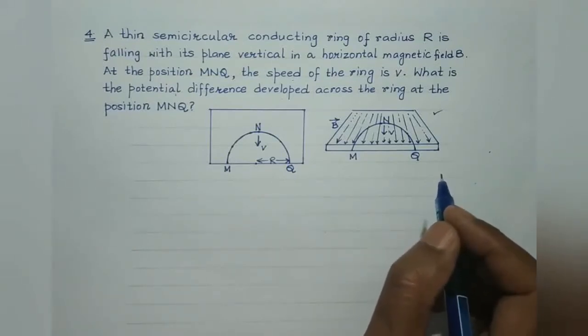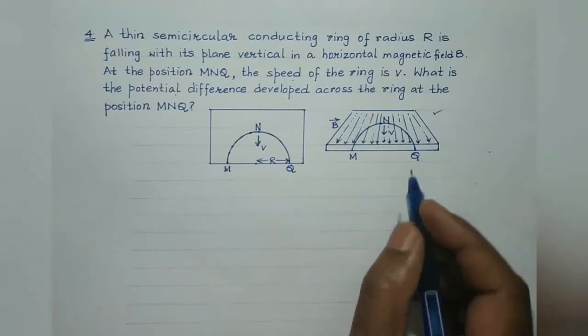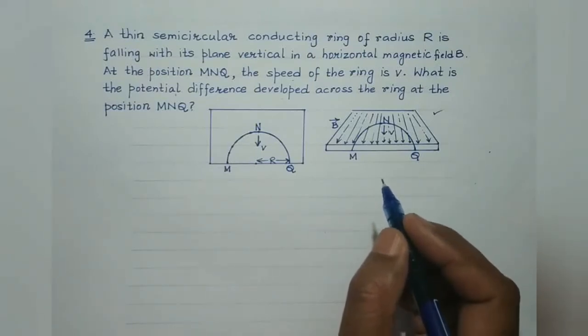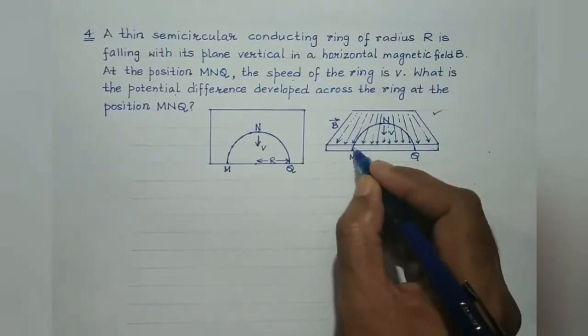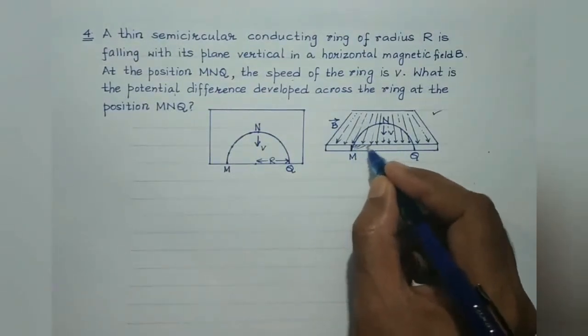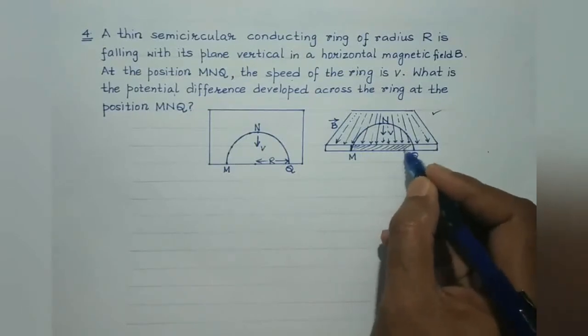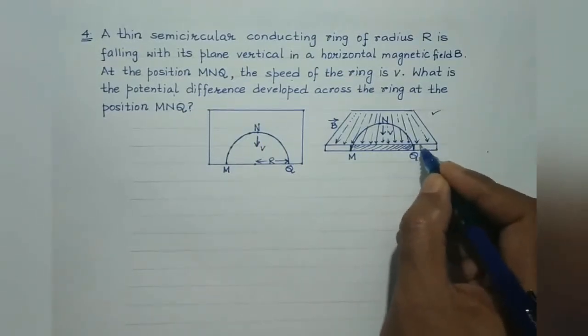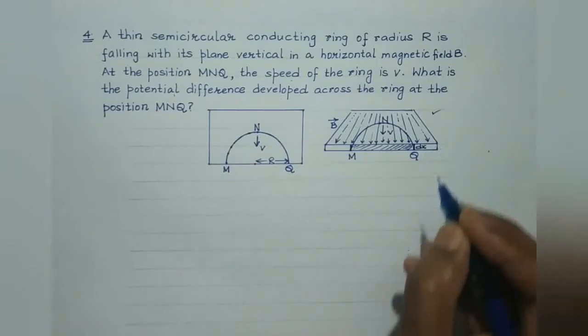Now, for this, suppose that the semicircular ring falls through an infinitesimally small distance dx. Let us consider this to be dx, isn't it?